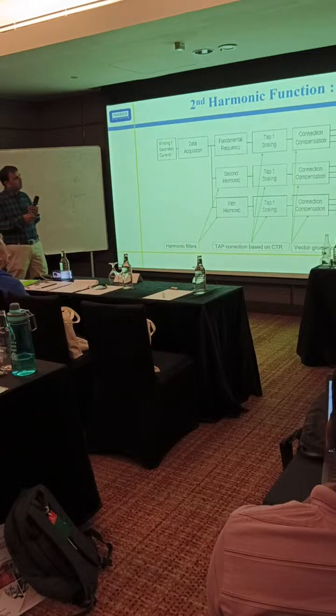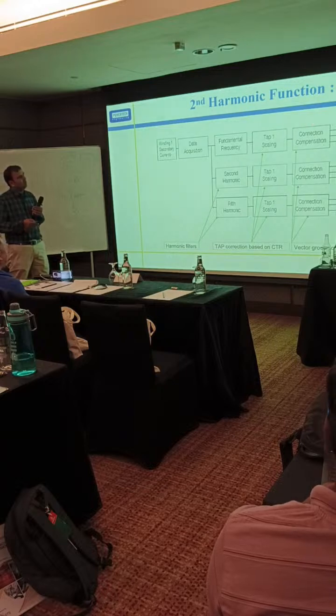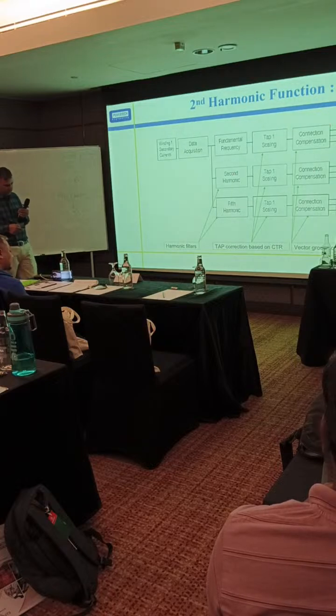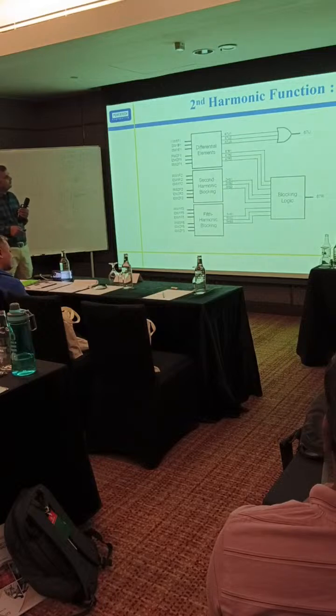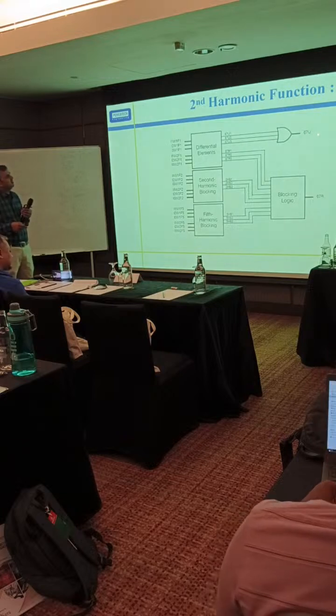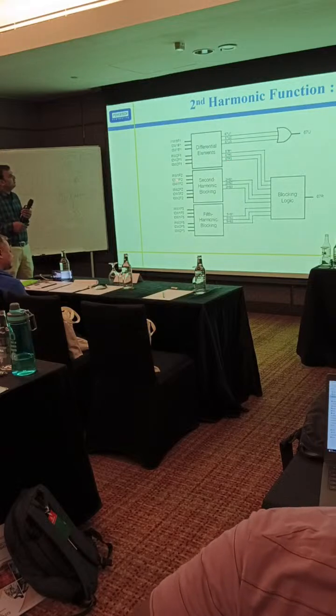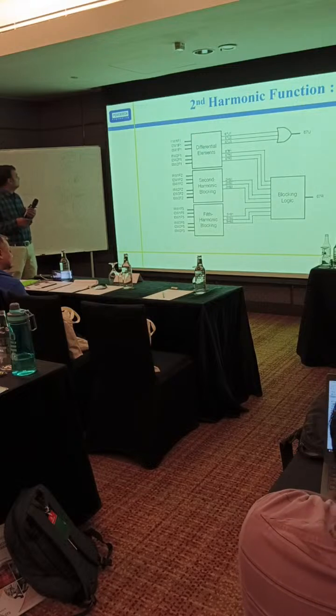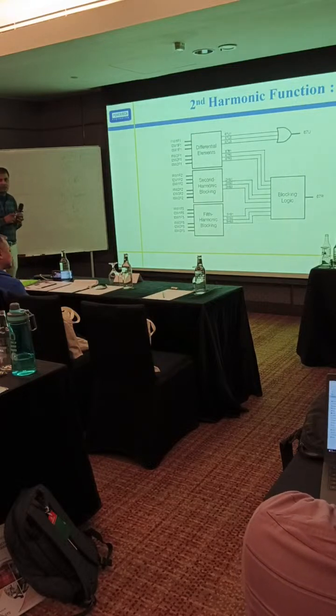So after all these steps, we have all components available in the relay, and they compare them as per the logic and settings, and issue the command. So here you can see the unrestrained component. It does not have anything to do with the harmonic. It trips straight away.